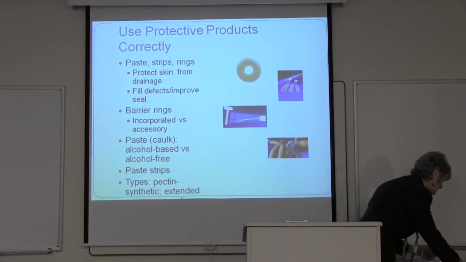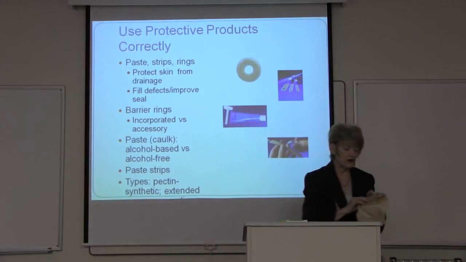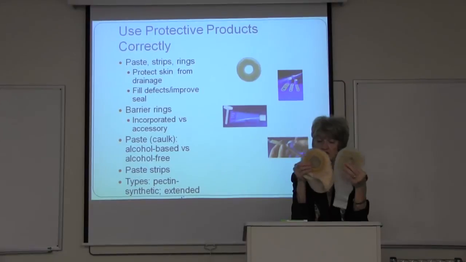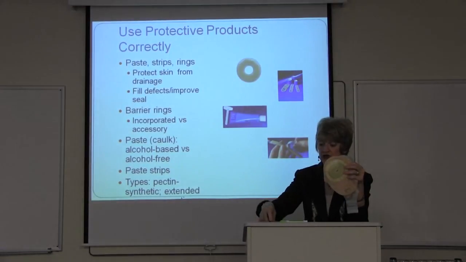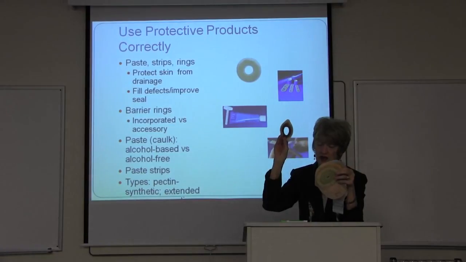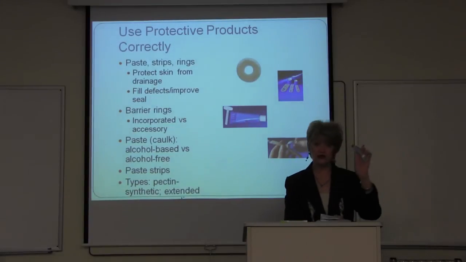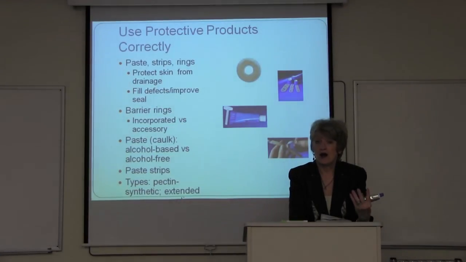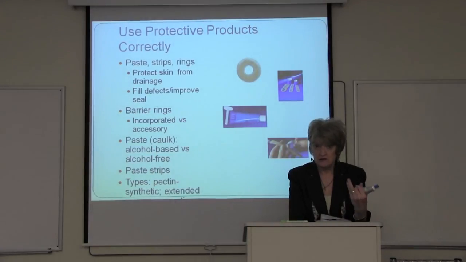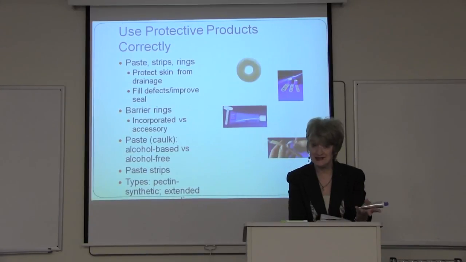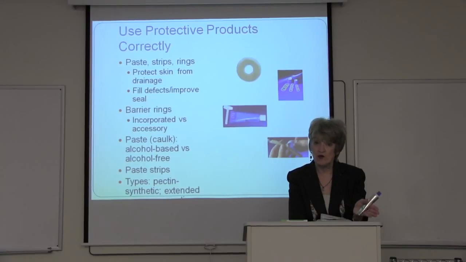I will tell you that the vast majority of the barrier products on the market, most of the barriers attached to your pouches, essentially all of your barrier rings, your paste strips, and your tube paste are made out of pectin, gelatin, carboxymethylcellulose, and other synthetic products that are designed to be resistant to breakdown by small bowel and large bowel output and enzymes, that are designed to be conformable and to promote a good pouch seal.